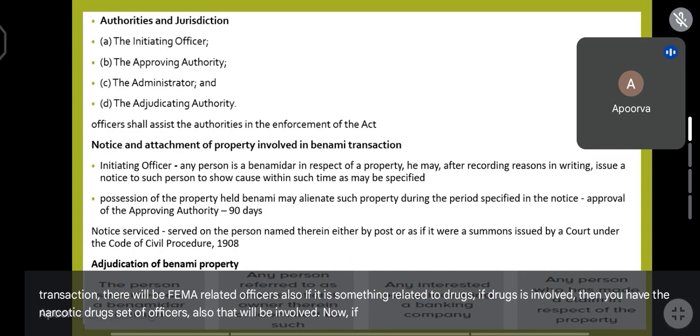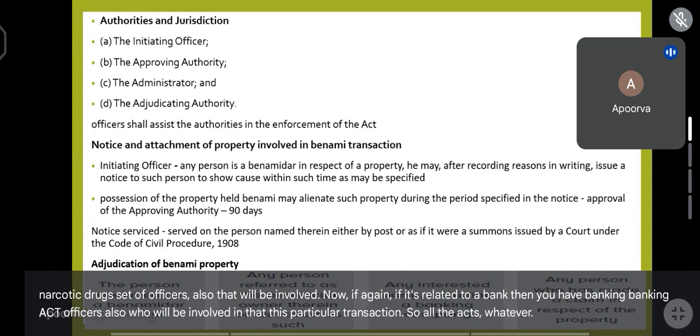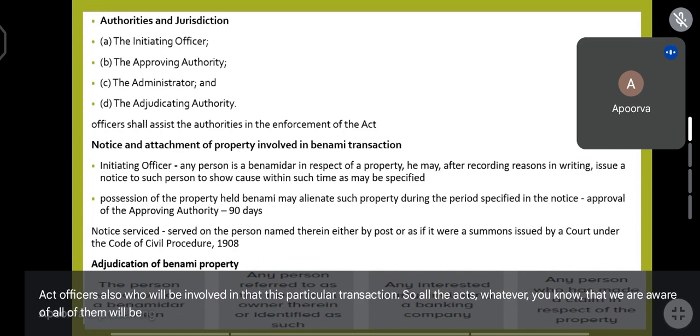Now, if it's related to a bank, then you have banking act officers also involved in this particular transaction. So all the Acts that we are aware of will be involved when it is a benami transaction.